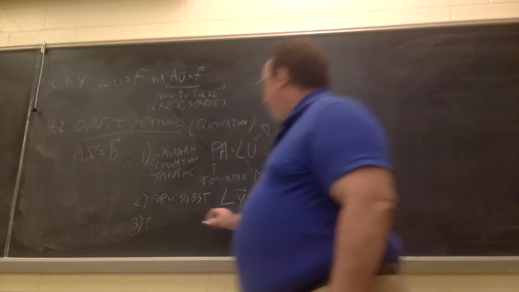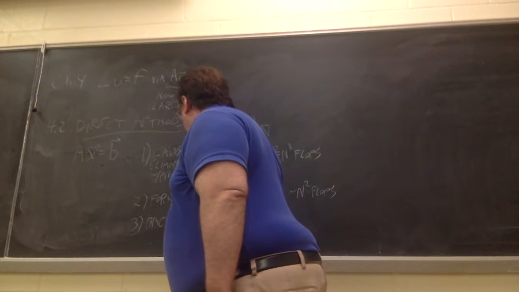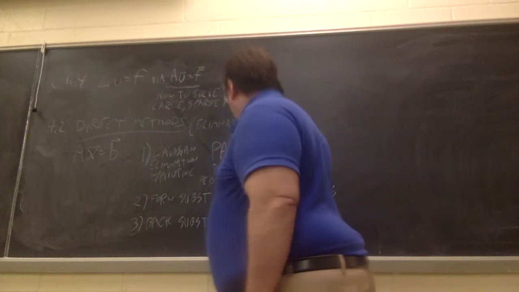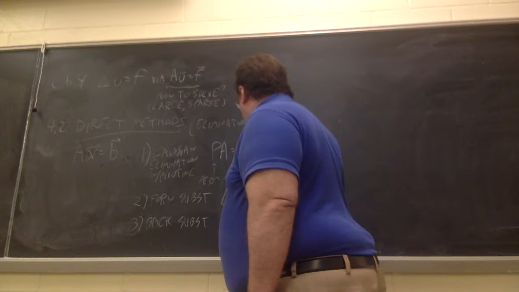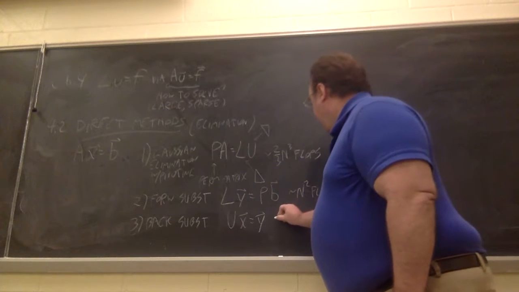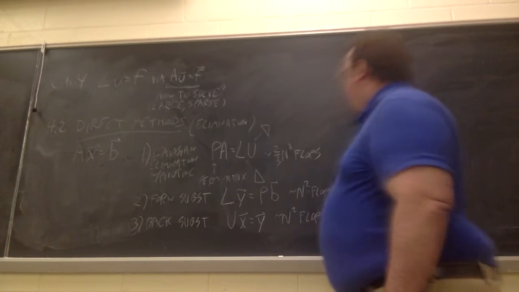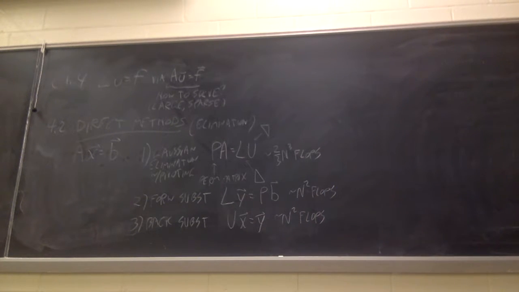And then we do back substitution. So that's Ux is equal to y. And that takes also roughly n squared operations. Okay.